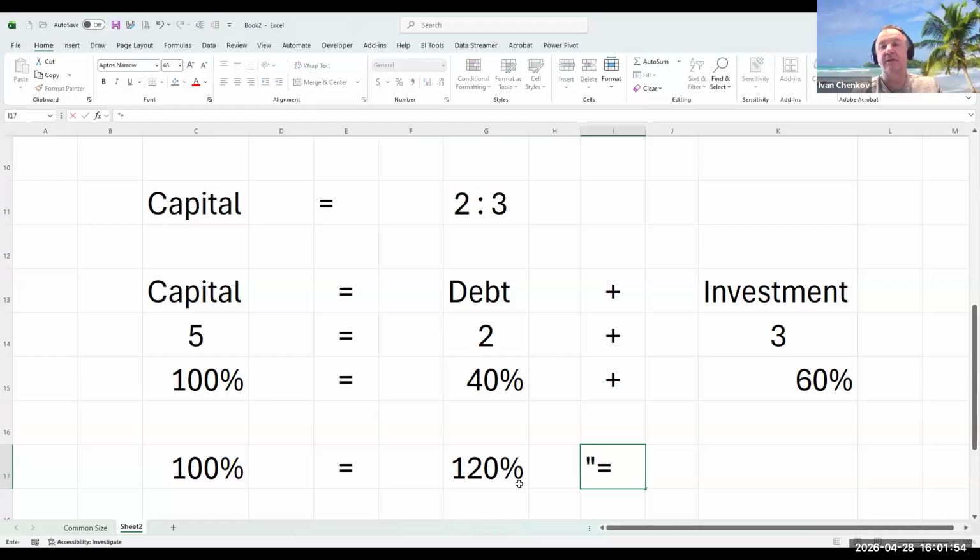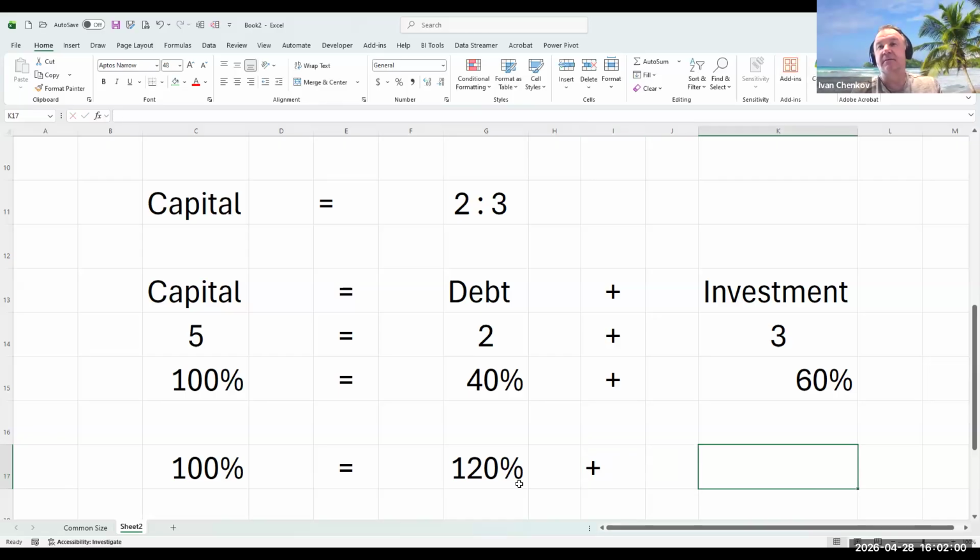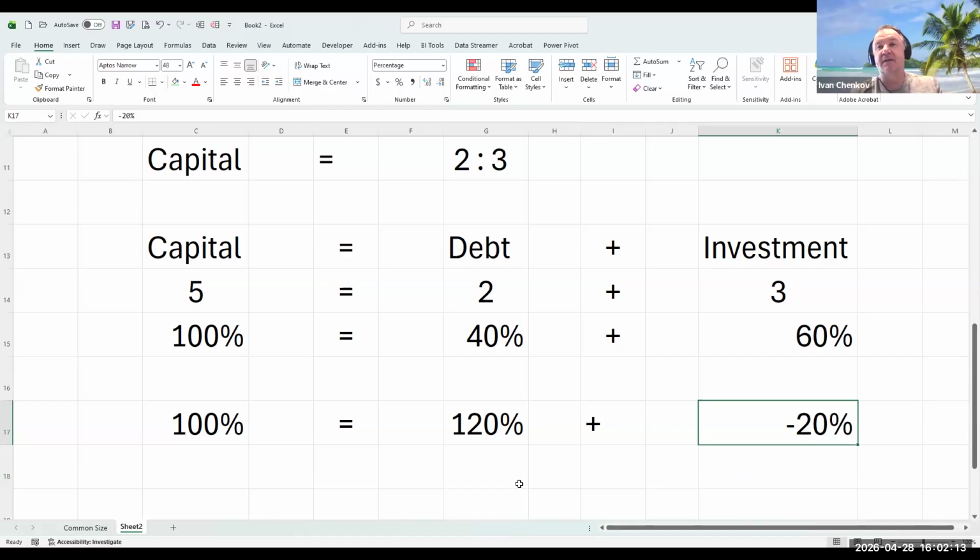What will be the equity in that case? It has to be negative 20%. If my equity is negative 20%, what that means?